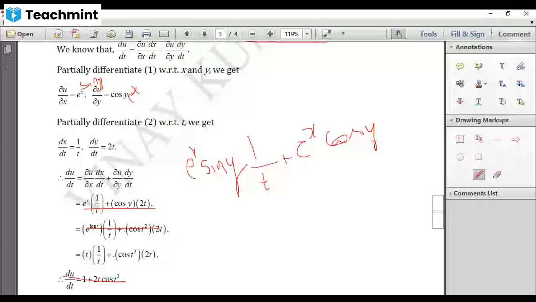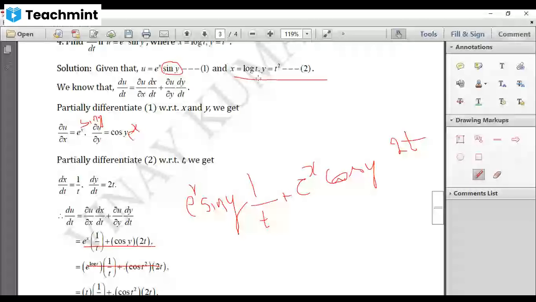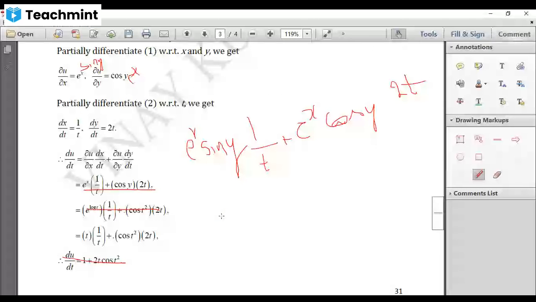What is your dy by dt? 2t. So in both of them, e to the power of x is common. Take it out. You'll get sin y by t plus cos y into 2t. Substitute for y and x. What is your x? Log t, and y is t square. You'll get that much.